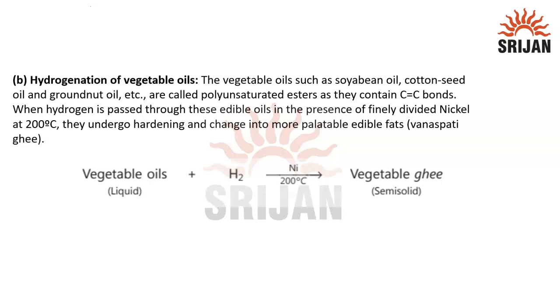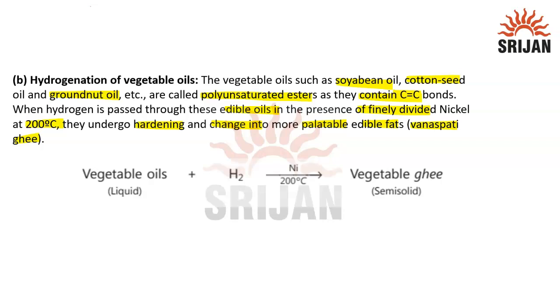Then hydrogenation of vegetable oils. The vegetable oils such as soybean oil, cottonseed oil, groundnut oil, etc., are called polyunsaturated esters as they contain carbon double bond carbons. So when hydrogen is passed through these edible oils in the presence of finely divided nickel at 200 degrees Celsius, they undergo hardening and change into more palatable edible fats, which is called vanaspati ghee.